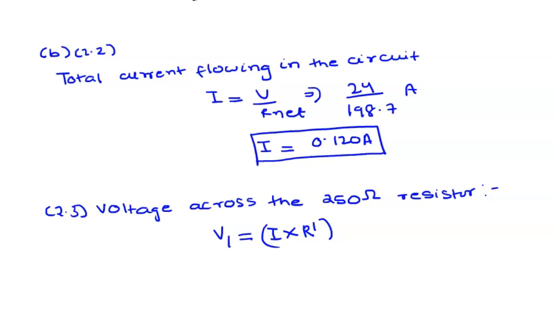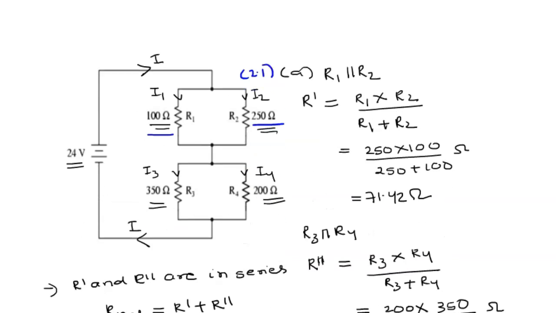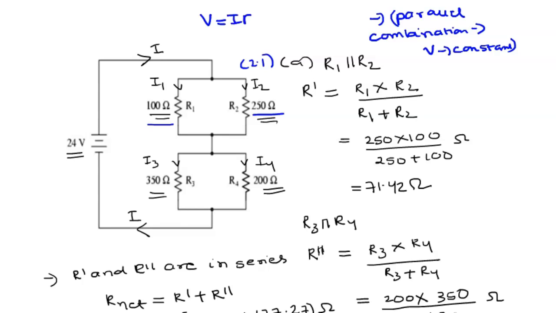Now I'll explain why this is so. If we see the diagram here, the two resistances are parallel to each other, and for a parallel combination we know that the potential difference V is constant, right? And we know that V is equal to IR.